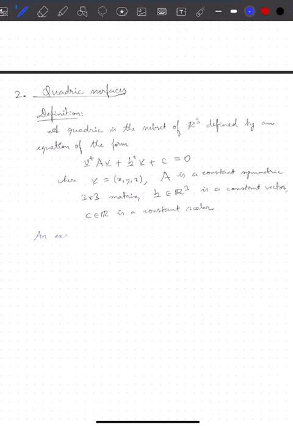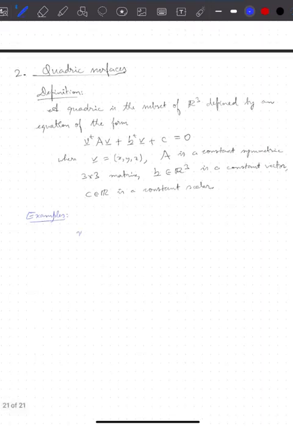So let's look at some examples. Say x squared plus y squared plus z squared minus 1 is equal to 0.